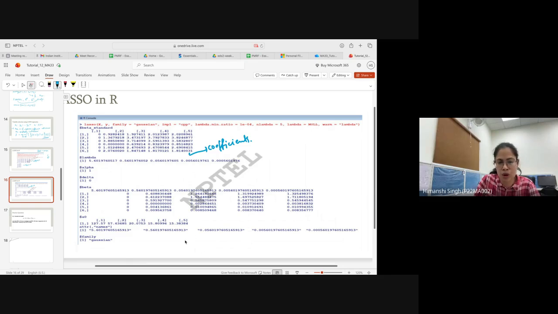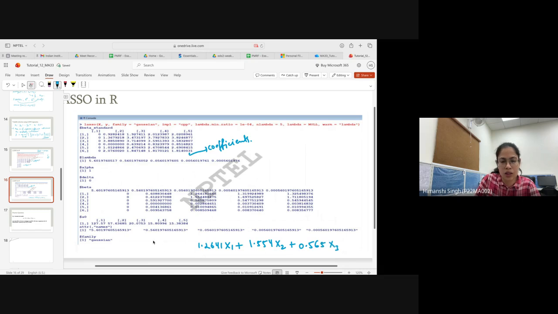And here the model will be 1.2641 x1 plus 1.554 x2 plus 0.565 x3.